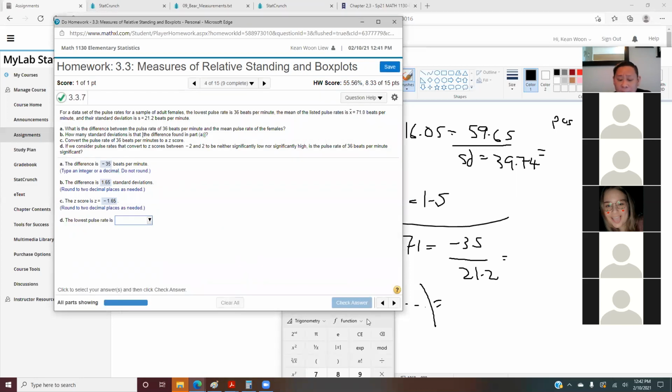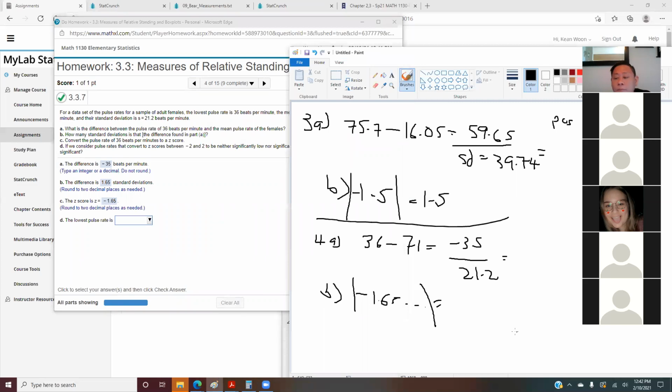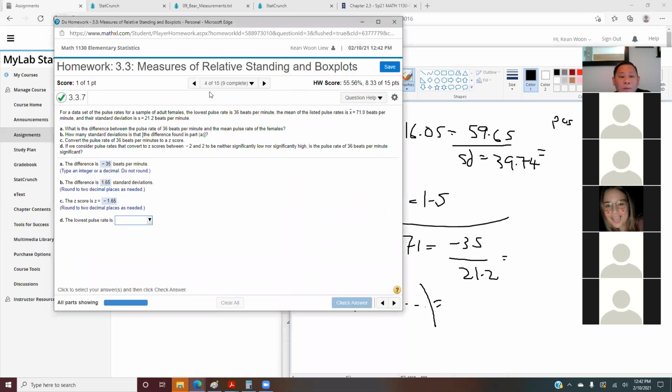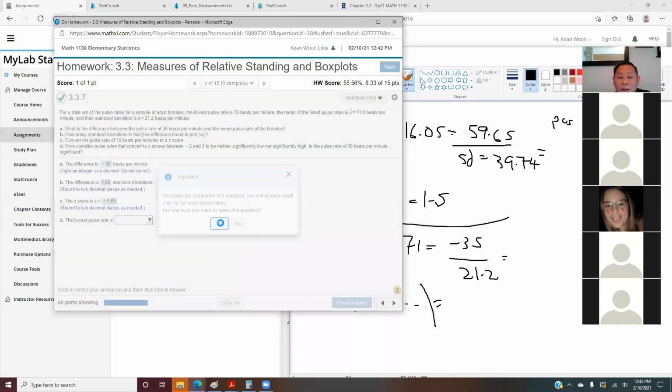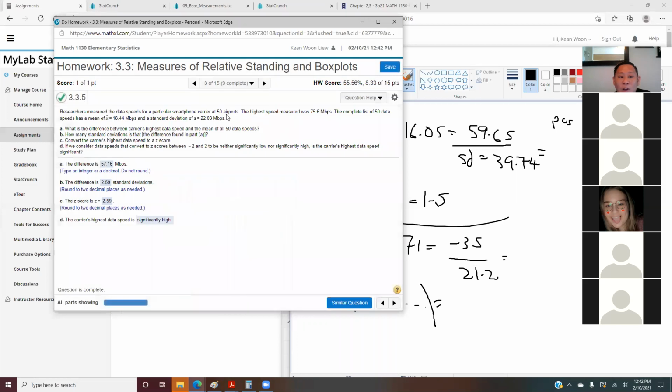You guys okay here? I have a question. How come on number 3 it didn't have to be negative, but on this one the z-score is negative? This is question 4. Because your pulse rate is smaller than your mean. If it is smaller than your mean, your answer is negative. If your number is bigger than the mean, like in question 3, where 75.7 is bigger than 16.05, it is positive.